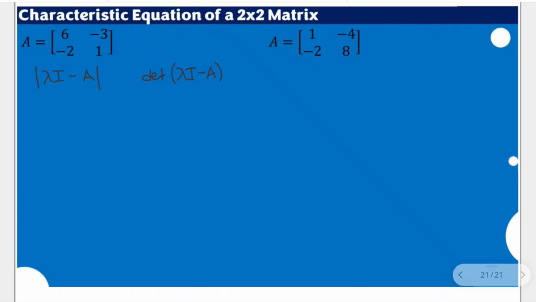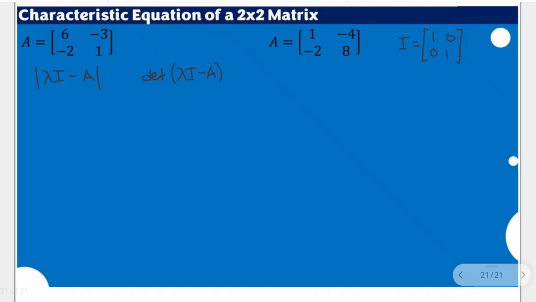Take note that supposedly it should be matrix B here, but just for the purpose, let's just have A because our formula uses A. We are going to use here an identity matrix, which is also a 2 by 2 matrix. So our identity that is to be used for both is this matrix here.